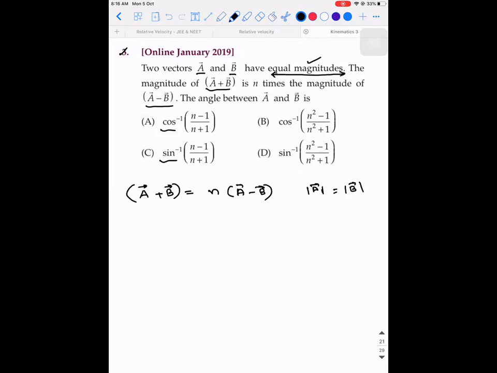So if I take cos theta, then how do we solve? They're asking the angle between A vector and B vector. What is the idea you are getting?